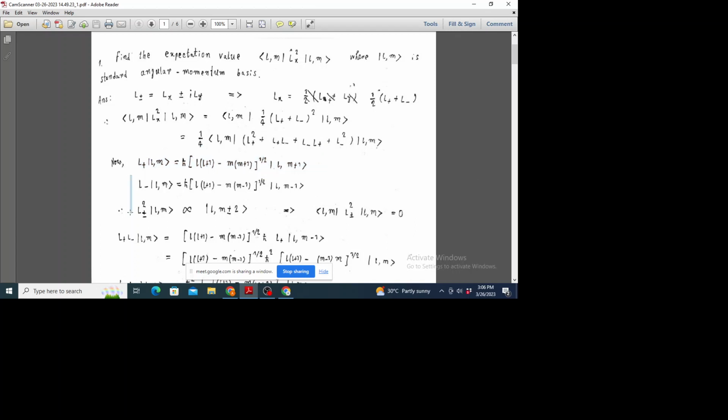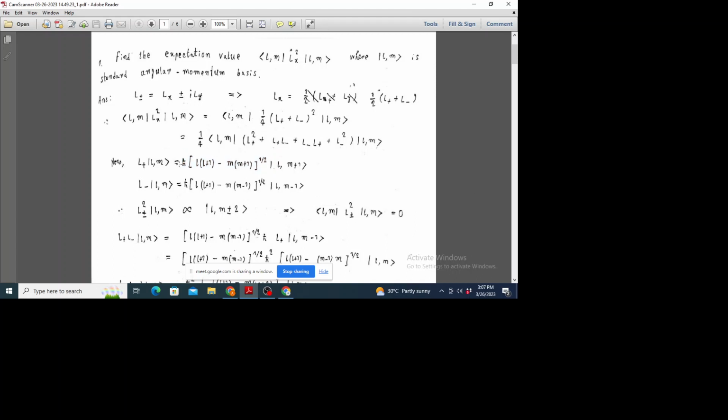Similarly, this is the action of L minus, which lowers the eigenvalue of Lz by 1 unit and keeps the L squared eigenvalue the same. So these two are the actions, and this front factor is the coefficient that ensures that your old |l, m> ket and new |l, m+1> ket are both normalized. This coefficient comes from that demand.